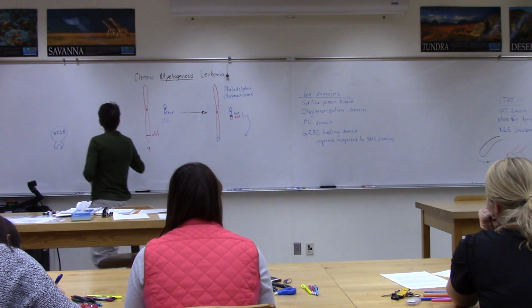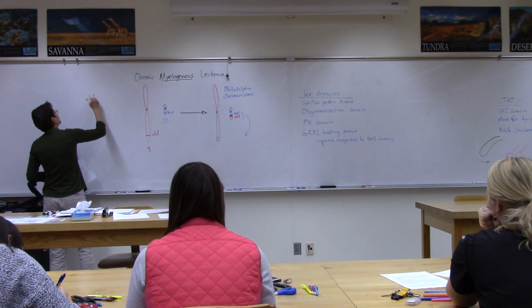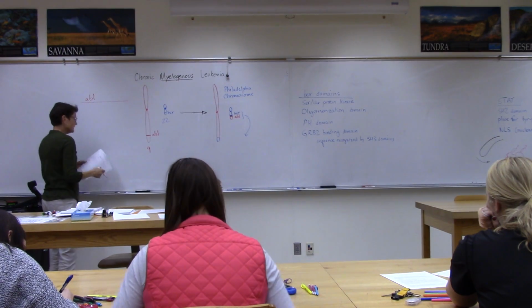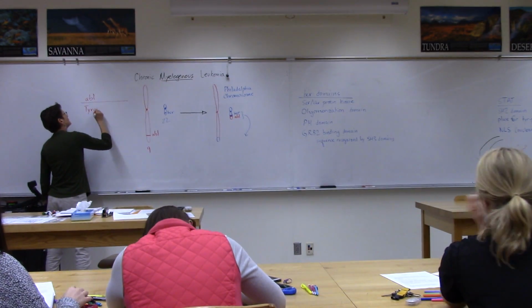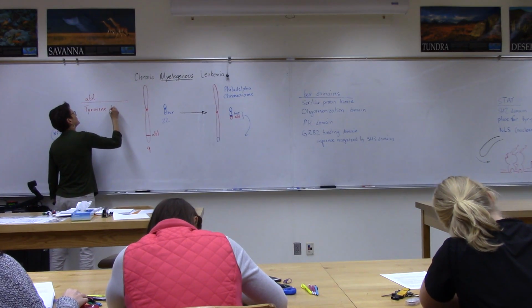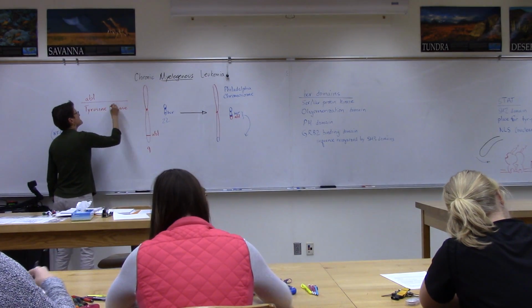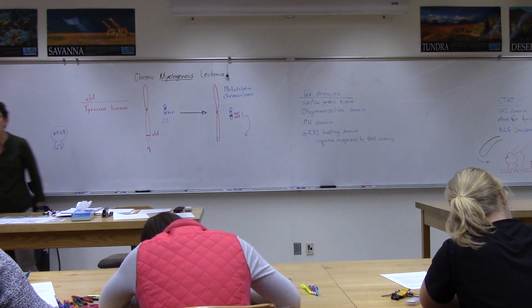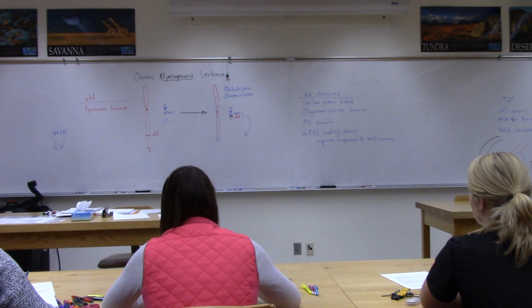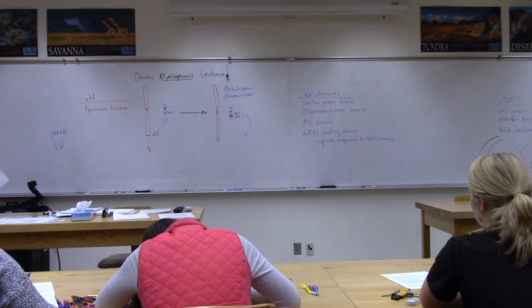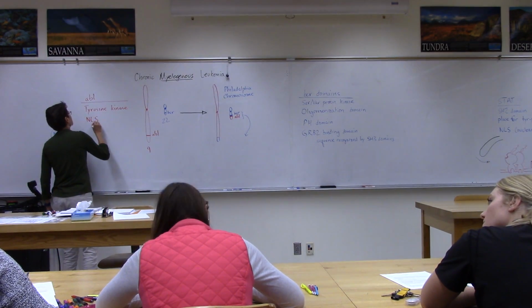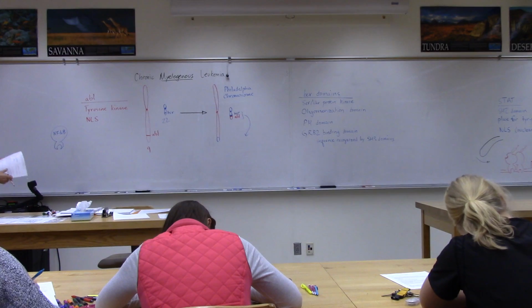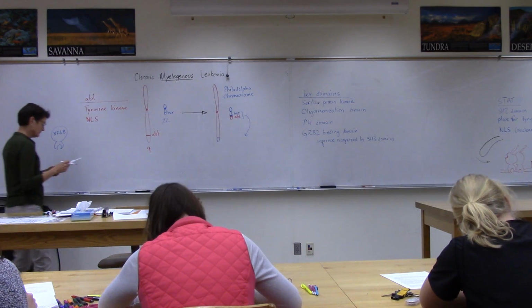Okay, here's ABL. ABL is a tyrosine kinase. So now you put these two together, they can phosphorylate serines, threonines, or tyrosines. It has a nuclear localization signal. I'm not sure if it's used as a nuclear localization signal.